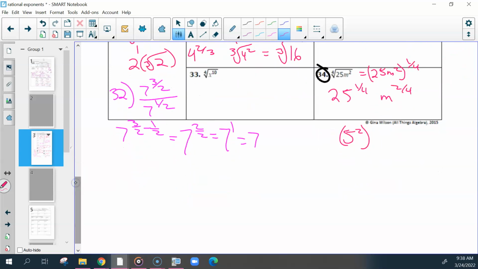So if I know that 25 is the same thing as 5 squared, I can change this. And then multiply those exponents.